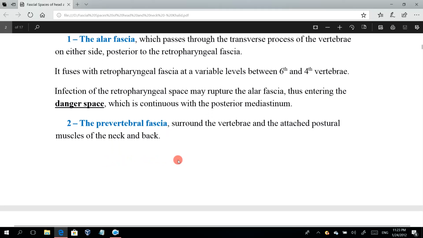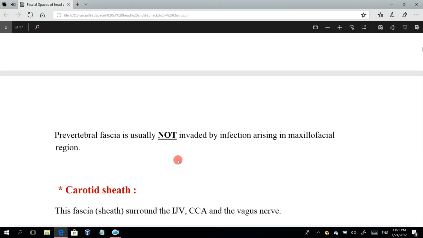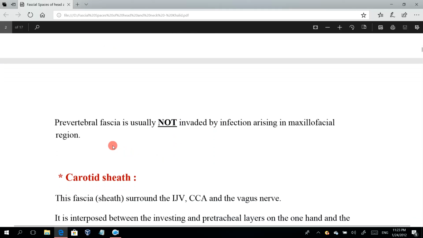This last layer of the cervical fascia is usually not invaded by infection. Infection does not cross it. Most infections that arise in the maxillofacial region, however far they progress or however delayed, will not cross the prevertebral fascia.